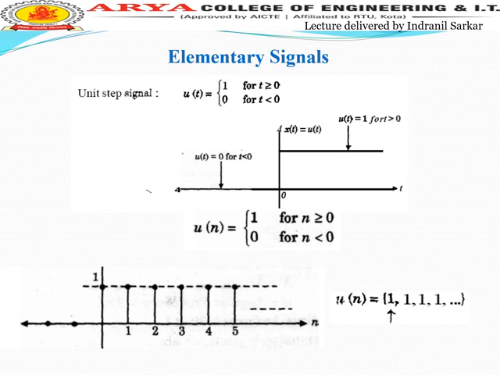That means for t greater than 0 there is a fixed value, and that is 1. And on the negative axis, u(t) is equal to 0 for t less than 0. In the same way, for the sampled signal, we can write u[n] equal to 1 for n greater than or equal to 0 and 0 for n less than 0.